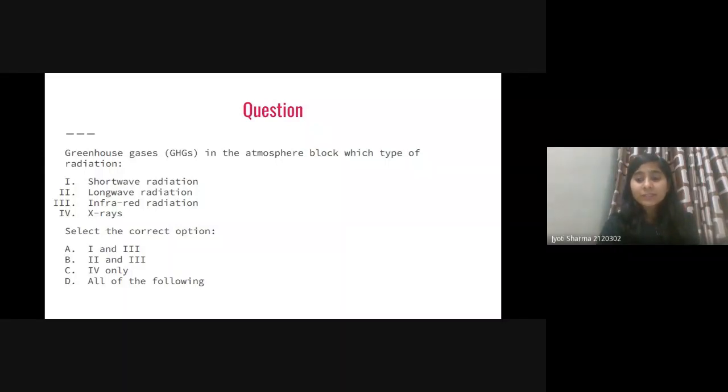This is one of the simplest questions. Whenever we are talking about greenhouse gases, this is very important. Rashmi gave me A, that is first and third. Okay. Will anybody else attempt to give the answer?